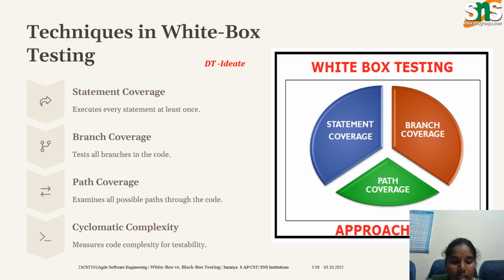A loop test consists of zero iterations, one iteration, multiple iterations, and boundary conditions. And the sixth one is control flow testing and data flow testing. Control flow testing uses flow graphs to test logical flows and decisions. And data flow testing covers variable definitions, usages, and life cycles, for example, defined, used, and killed.